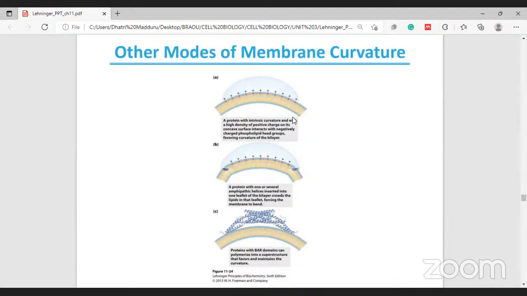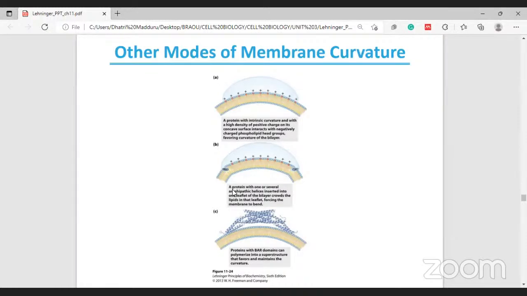Other modes of membrane curvature are a protein with intrinsic curvature and with a high density of positive charges on its concave surface, which interacts with negatively charged phospholipid head groups, favoring curvature of the bilayer.